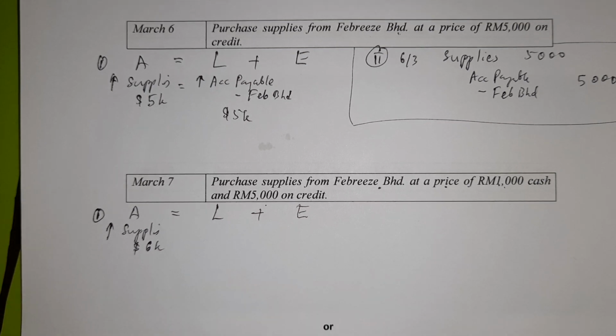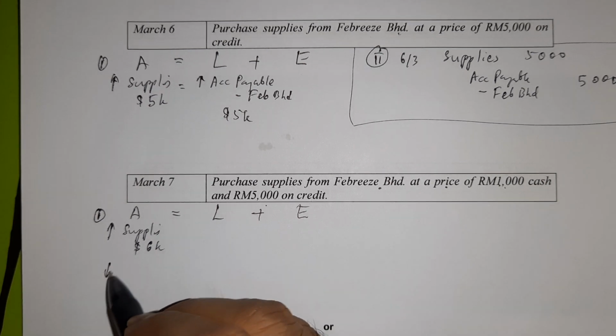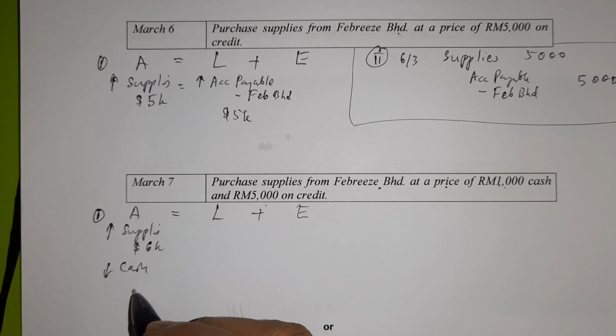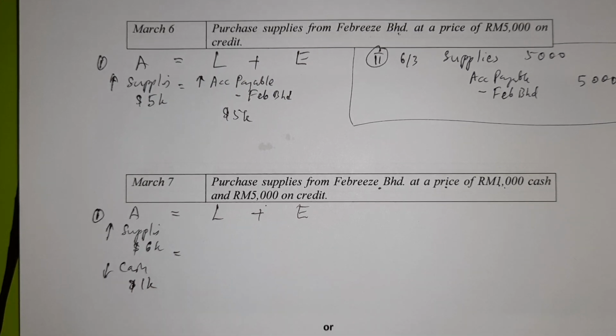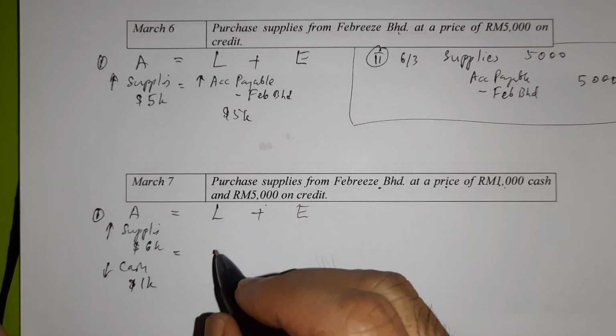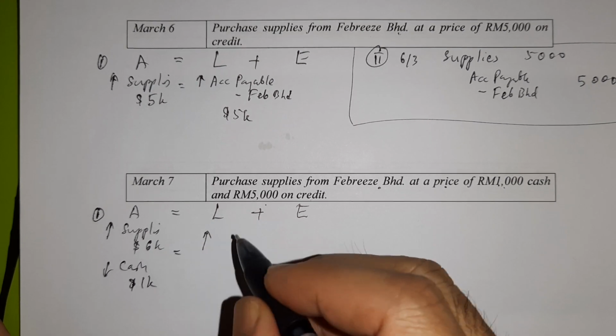When the business purchased the supplies, first the business pays 1,000 cash. So when the business pays 1,000 cash, cash goes out from the business. So asset cash decreases by 1,000. And also at the same time, the business owes 5,000 to the supplier. When the business owes the supplier, the liability increases.